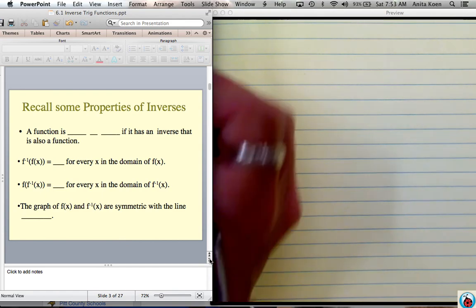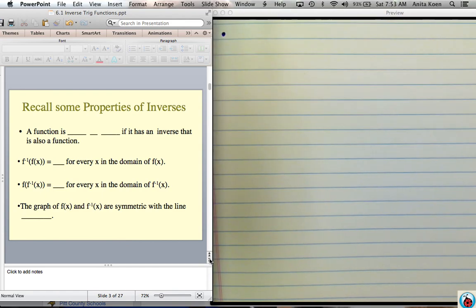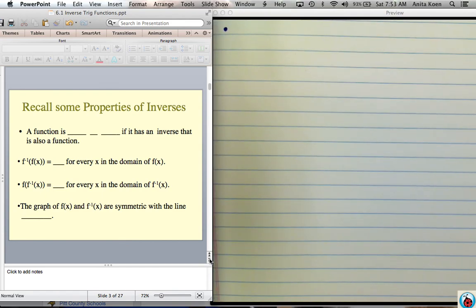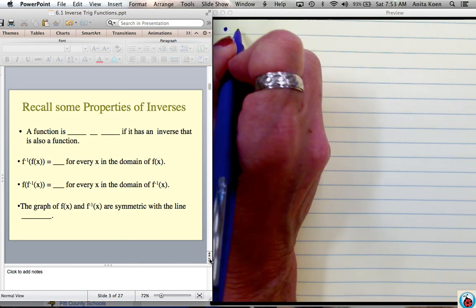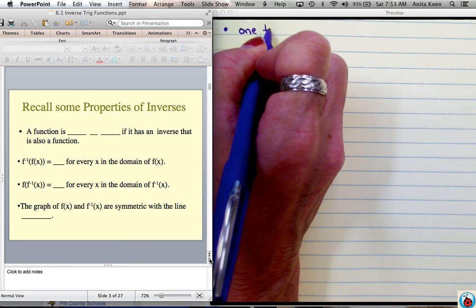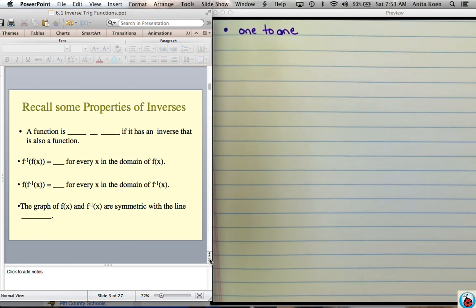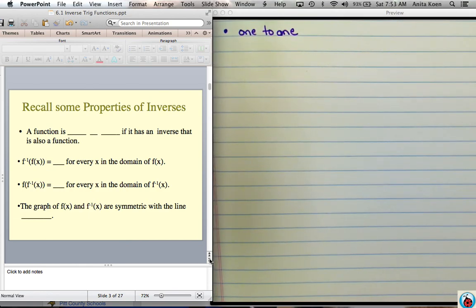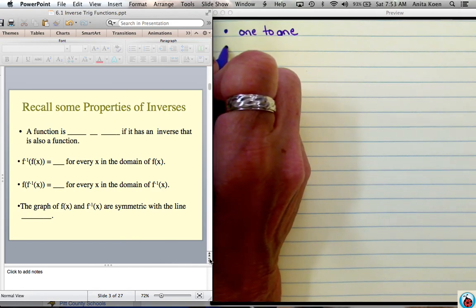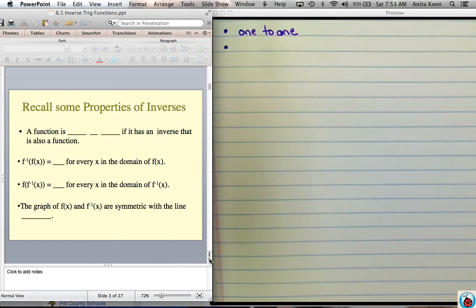Let's recall some properties from the Patrick JMT video of inverses. A function is called one-to-one if it has an inverse that is also a function. Bullet number 2, f inverse of f of x is equal to x for every x in the domain of f of x.